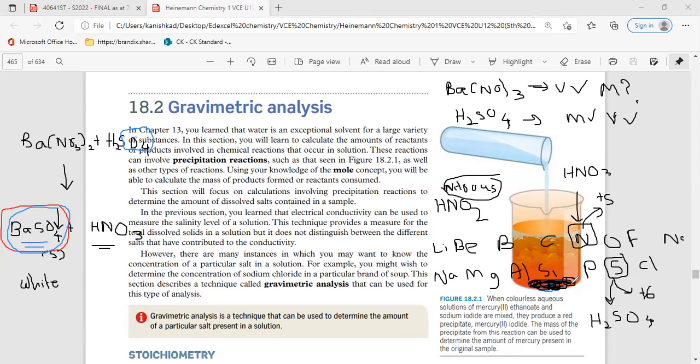From a data book we can take the molar mass. When we know the mass and molar mass, we can find moles. Moles equals mass divided by molar mass. Like that, we can find the barium sulfate moles.